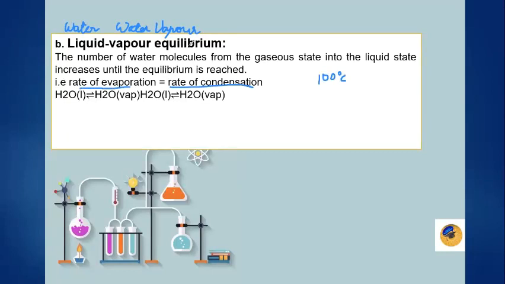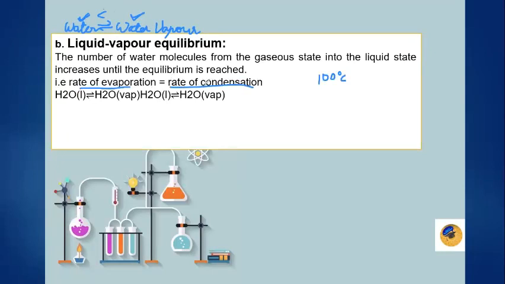Because, like we discussed earlier, if either the rate of evaporation is more or the rate of condensation is more, then the amount of water and water vapor will change accordingly. Here, water to water vapor is evaporation and water vapor to water is condensation. If the rate of evaporation was more, there would be more water vapor than water.